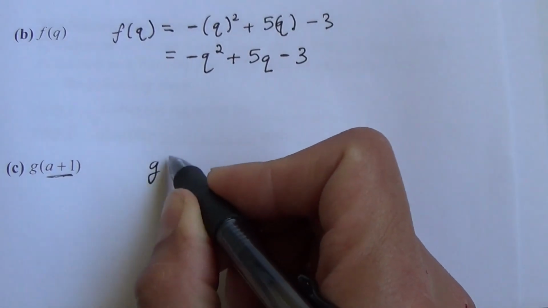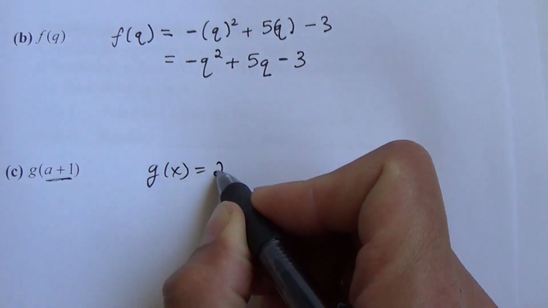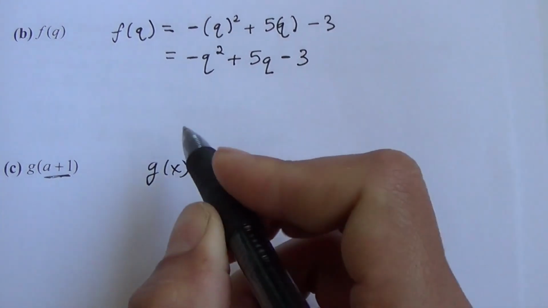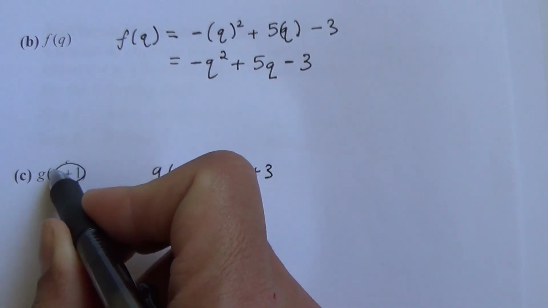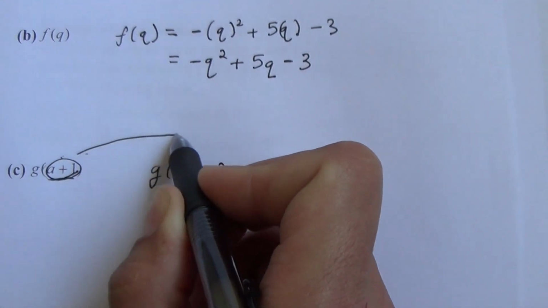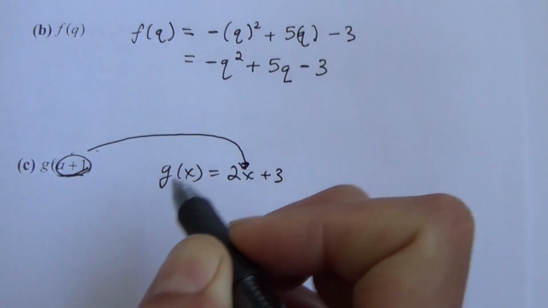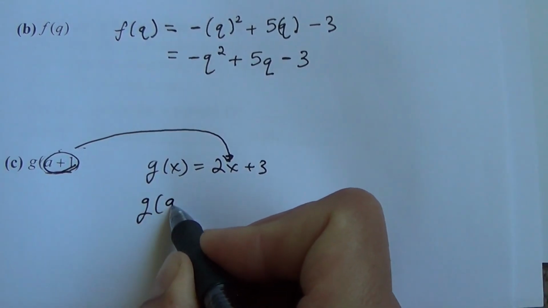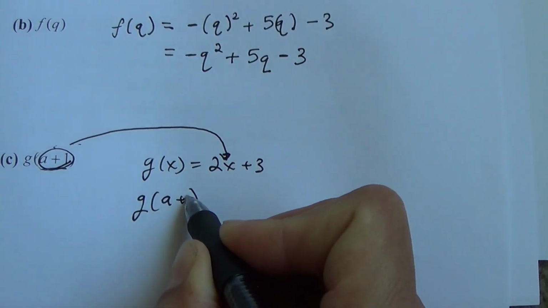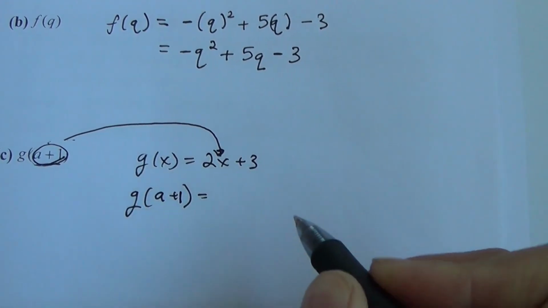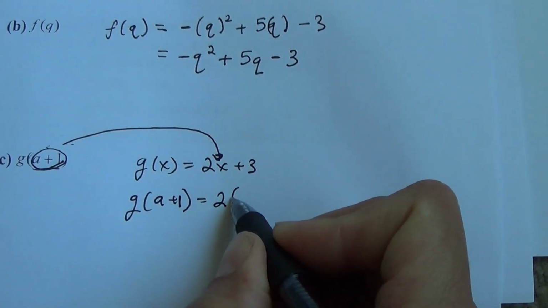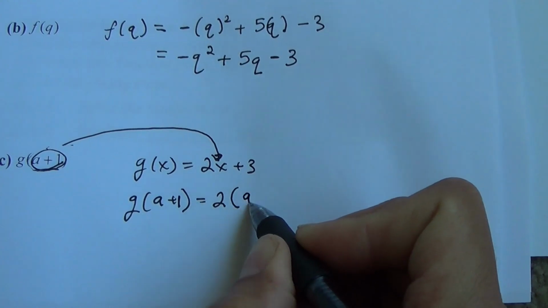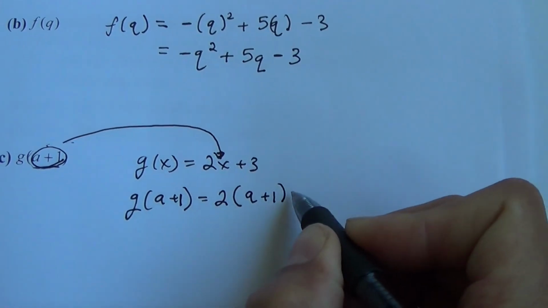f of x was equal to 2x plus 3. What I want to do is plug in the entire value a plus 1 into the x. So we'll write first g of a plus 1 is equal to 2 times the quantity a plus 1 plus 3.